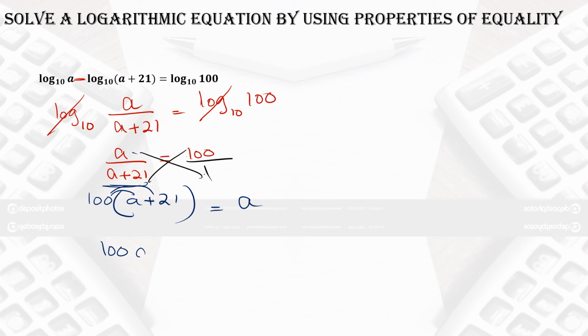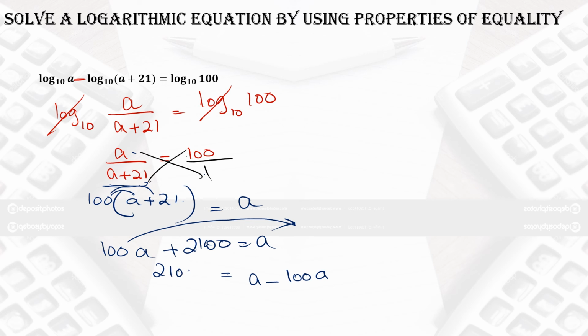So you will get 100a plus 21 times 100, which is 2100, equals a. Now you have to find a. So bring the 100a to the other side. You will get a minus 100a equals 2100. Now 1 minus 100 gives you minus 99a equals 2100.